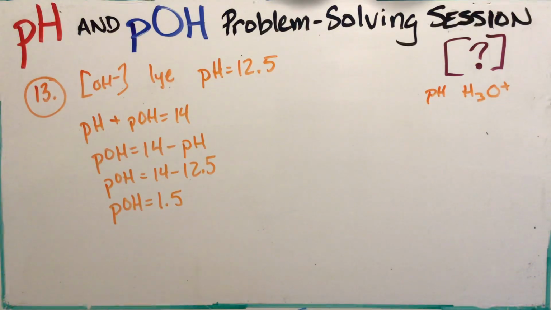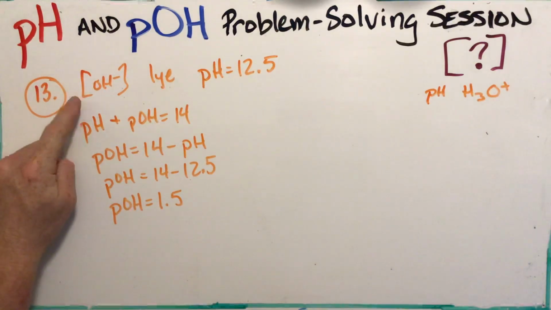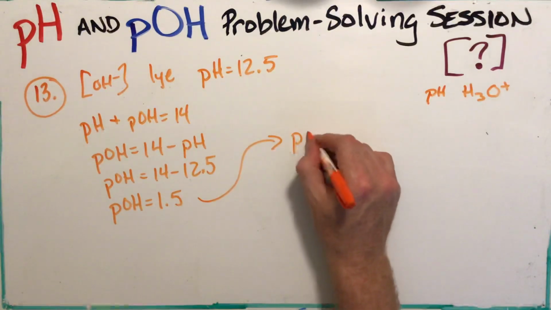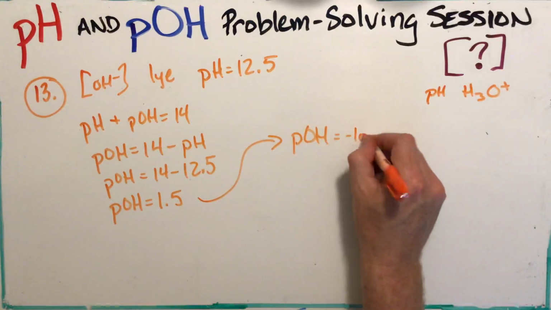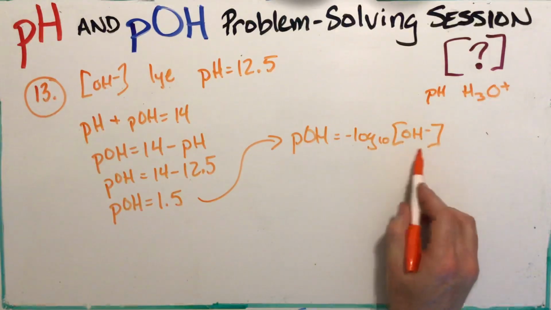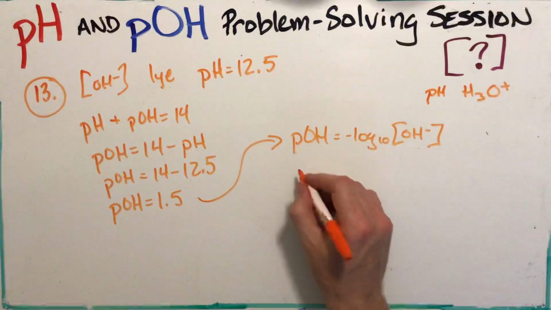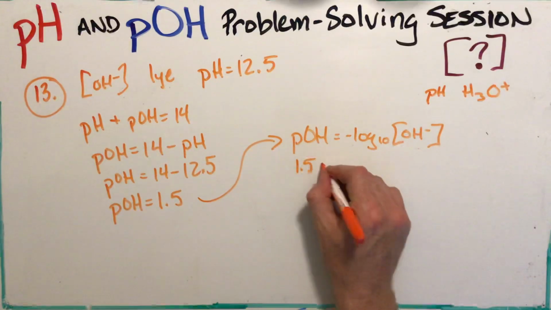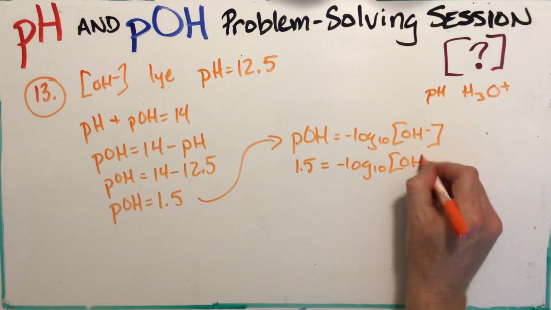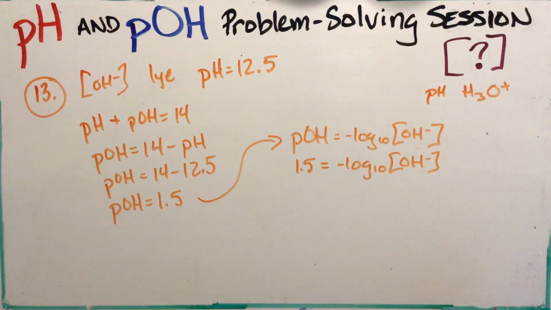All right, now that's the pOH. It asks for concentration. So I take this over to here, and I know that pOH is equal to negative log 10 of the hydroxide ion concentration. So there's what I'm looking for right there. And I'm given that pOH value. And again, this is one of those ones where it doesn't cancel out, like there's no easy way to show it.